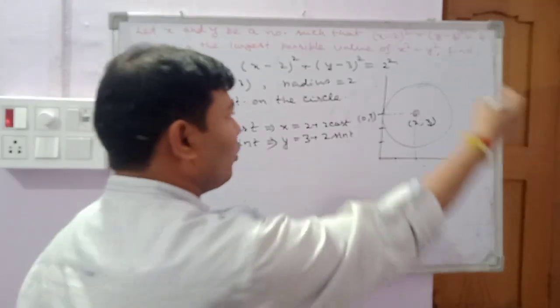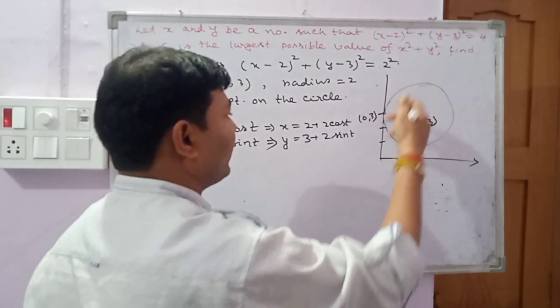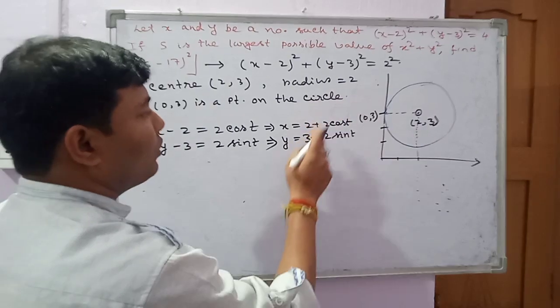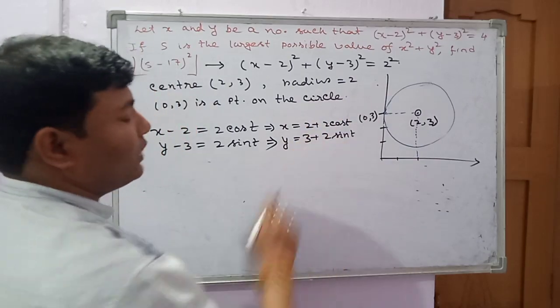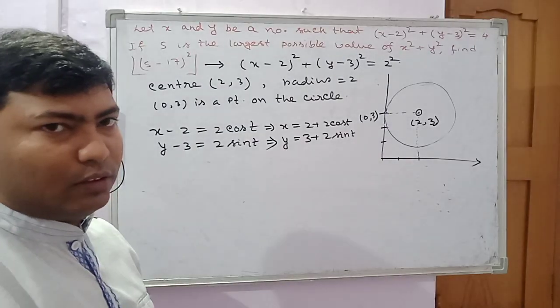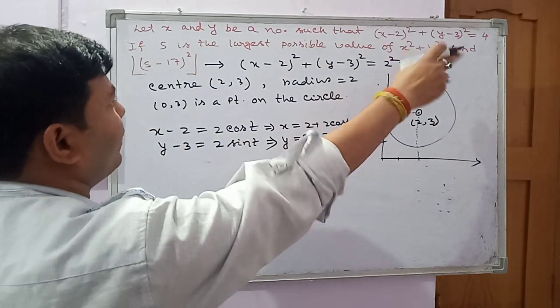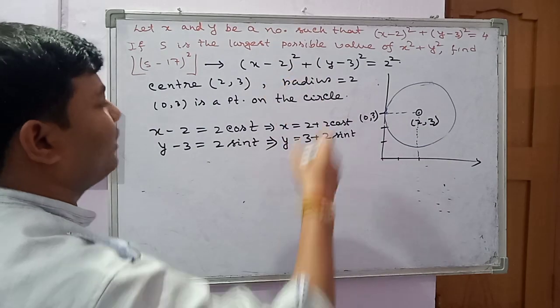So any point on the curve, meaning on the circle, can be chosen as x equals 2 plus 2 cos t, y equals 3 plus 2 sin t. Now what is given here? x square plus y square is maximum.